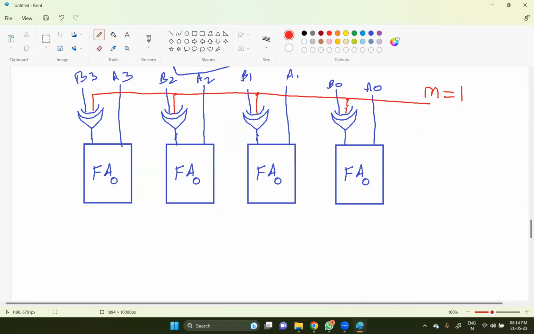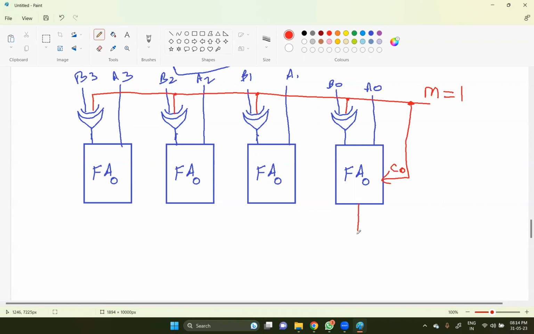Then by adding 1 to that, it will be considered the 2's complement. Therefore, the default input for the first bit full adder, C0, will be taken as 1 here. So whatever the M is, that will be added here.